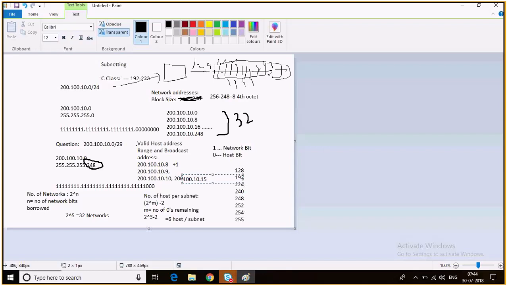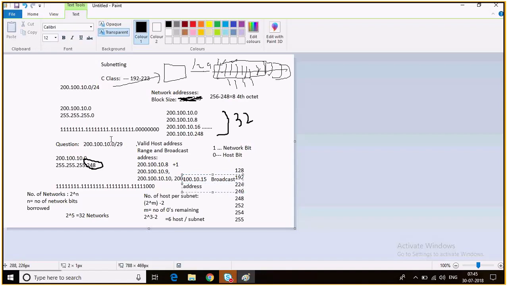The last address of any network, for example when we used the default subnet mask, is called the broadcast address. So similarly here, the last address for the network 200.100.10.8/29 will be the broadcast address. What is the broadcast address now? 200.100.10.15, which is the last address. So this becomes my broadcast address.